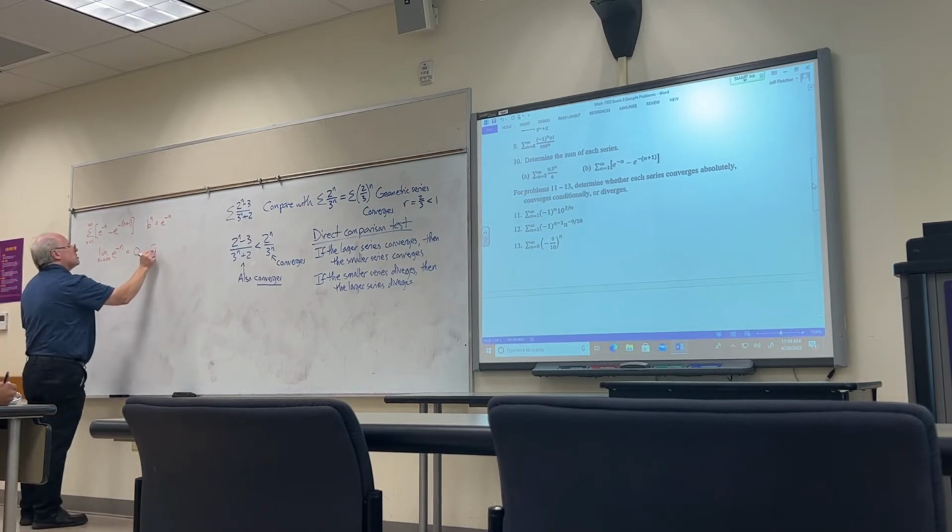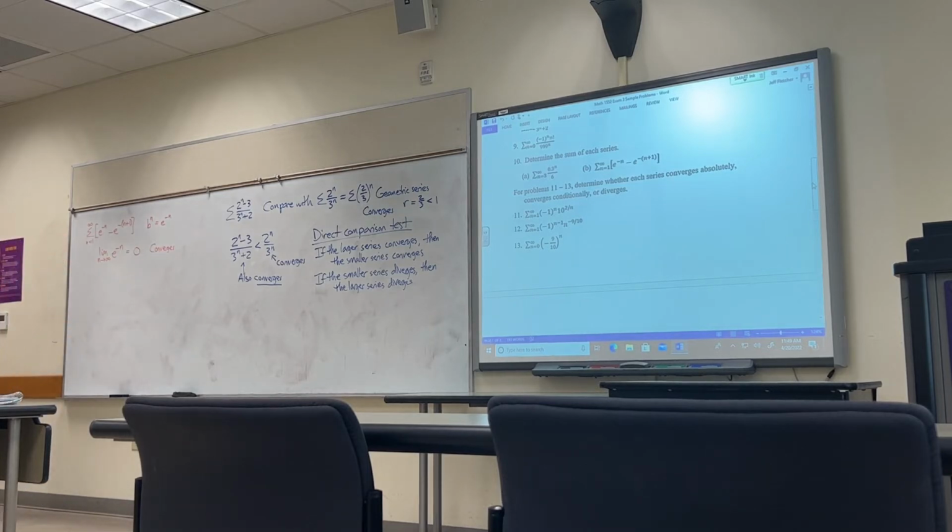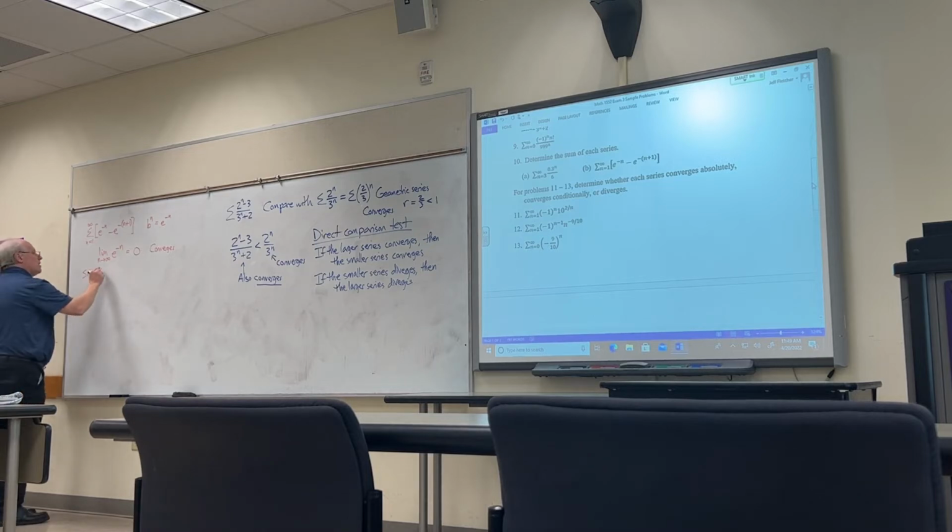It doesn't say it converges to 0, it just tells us it converges. But once we know it converges, how do we find the sum of the telescoping series? Well, the sum is going to involve this limit.